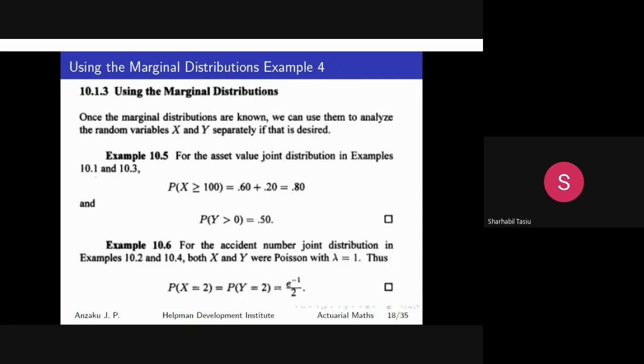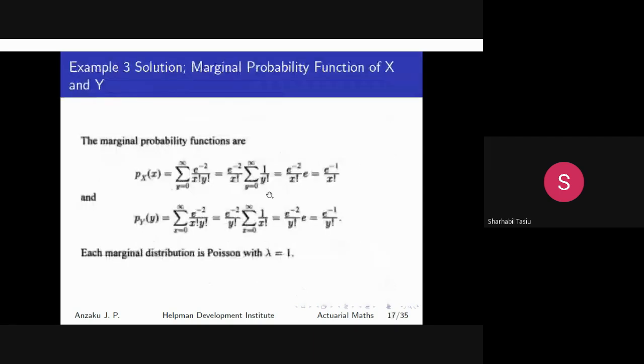Example 4, for the asset value. Remember the asset value joint distribution in examples 1 and 3, we see that the probability of x greater than or equal to 100 is equal to 0.60 plus 0.20. Let me go back so that we'll see it clearly.